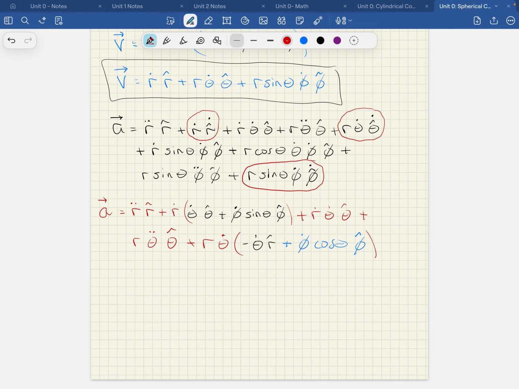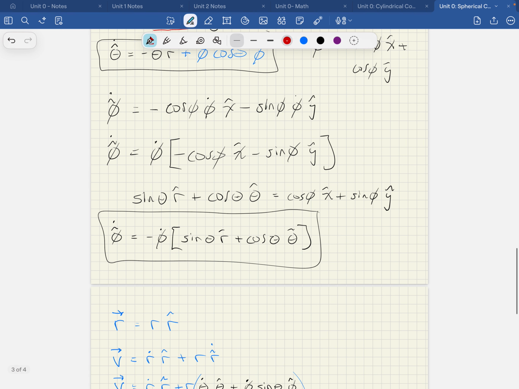Okay, plus r dot sine theta phi dot phi hat plus r cosine theta theta dot phi hat plus r sine theta phi double dot phi hat plus r sine theta phi dot times phi dot hat, which is this guy.